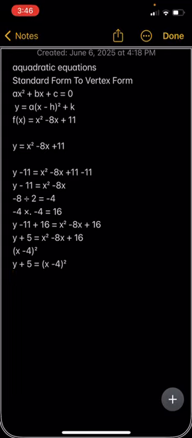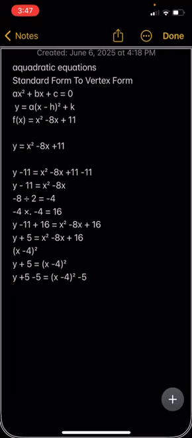In order to get this into the form y equals a times (x minus h) squared plus k, which is the vertex form we're looking for, we need to subtract 5 from both sides in order to get that y by itself. So we have y plus 5, we're going to subtract 5, and we set that equal to the quantity in bracket here, (x minus 4) squared, and we subtract 5 from that right side as well.